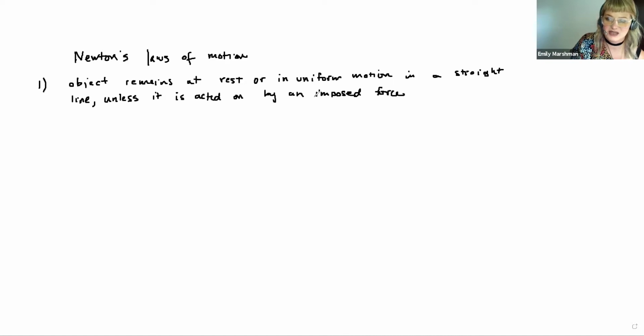Object at rest stays at rest, or an object in motion stays in motion, unless acted on by an outside force. That's exactly what the first law states.